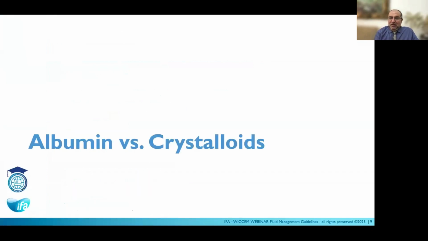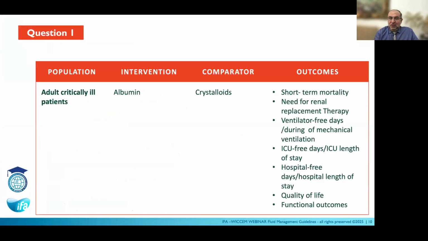So let's start with albumin or crystalloids. What should we use in the ICU? Albumin or crystalloids? And the first group is adult critically ill patients in general. So in general, in your ICU, would you use albumin or crystalloid?